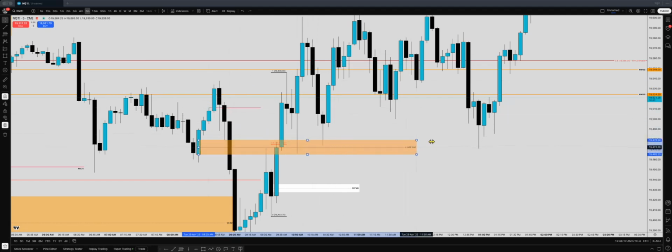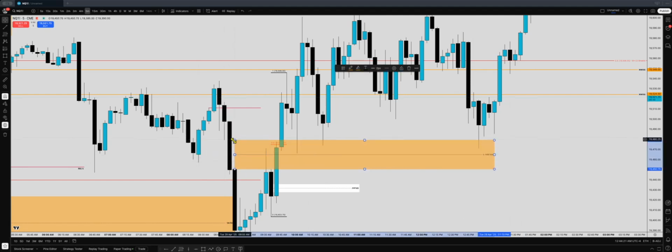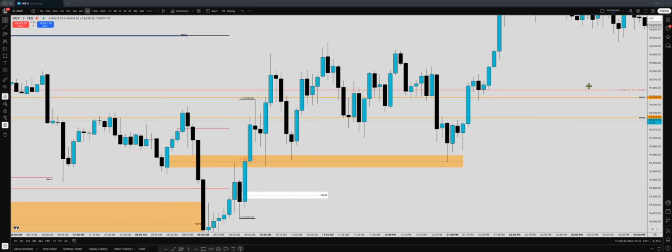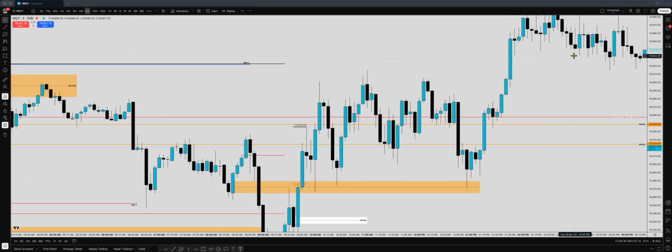And as you can see, if I extend that fair value gap, this upper portion of it, it's really this, right? But you really just want to use the upper portion, like I said. So price comes back into it 1, 2, 3 times, and then finally it's off to the races.